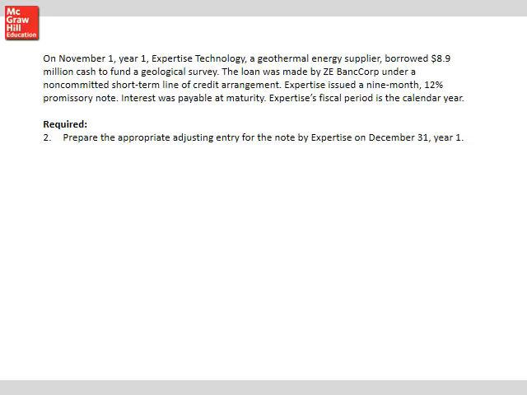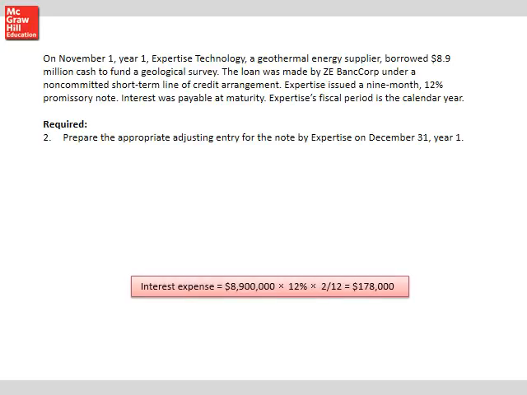The second thing that we have to do, however, is prepare the appropriate adjusting entry. So now we're going to have to look at the interest expense, and we find that we've got 12%, so that's 1% a month, and we borrowed the money on November 1st. So we've got November and December that we have to account for the interest.